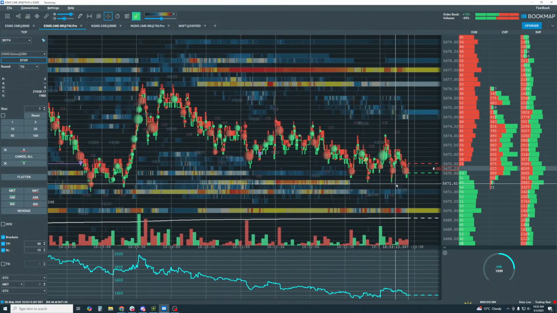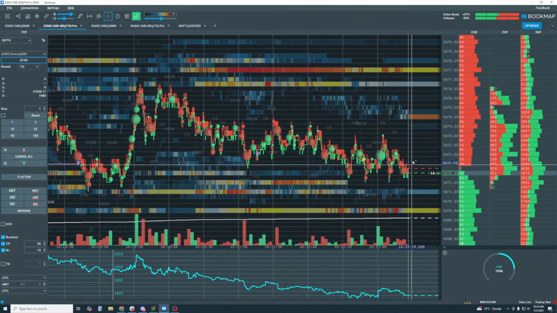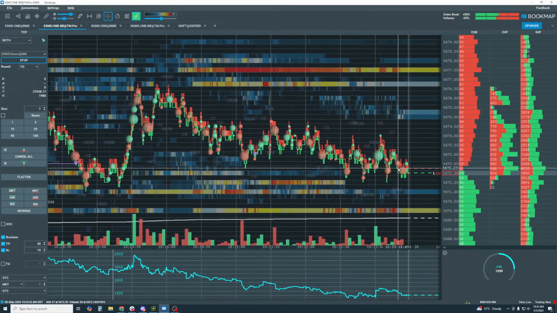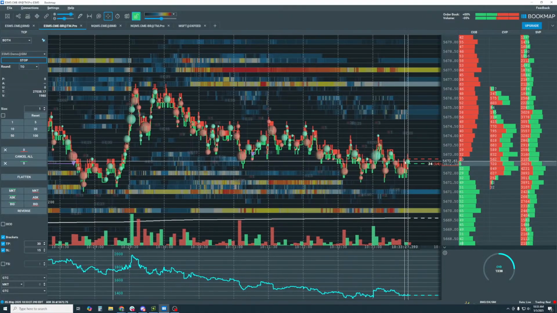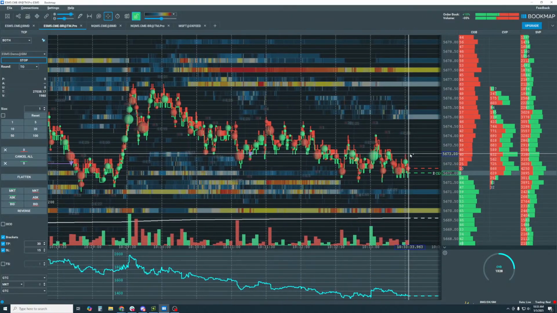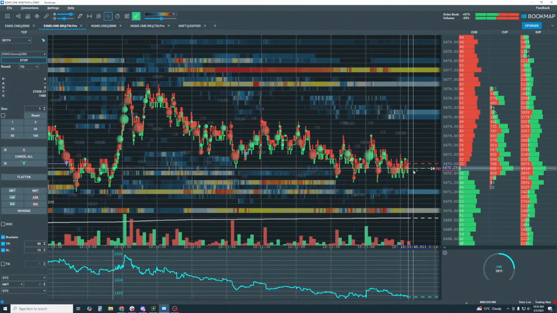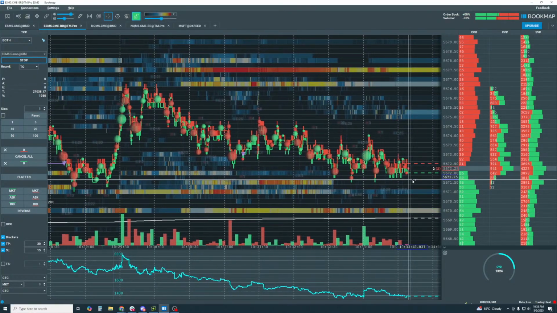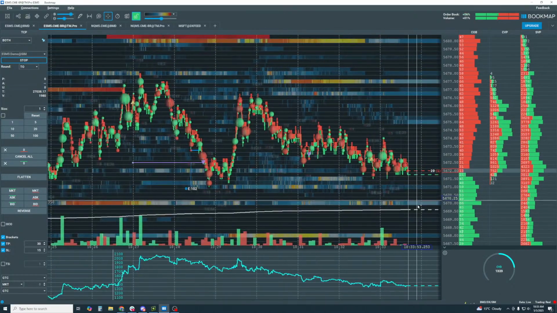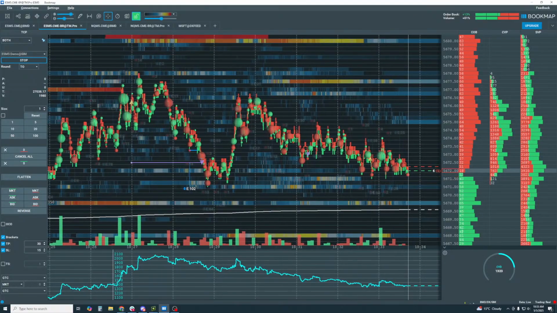Maybe you get some profit taking, maybe you get some bottom fishers, but basically it pulls back on a lot less volume, and then we're looking for the sellers to re-engage and take it back down to the bottom of that range, take some off, and look for the continuation.